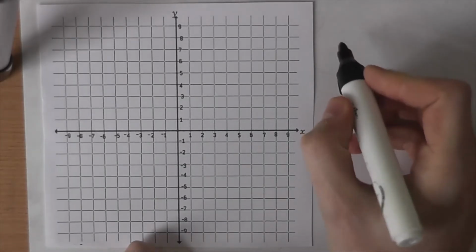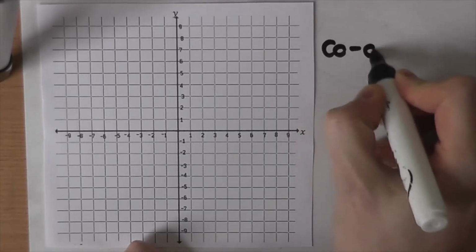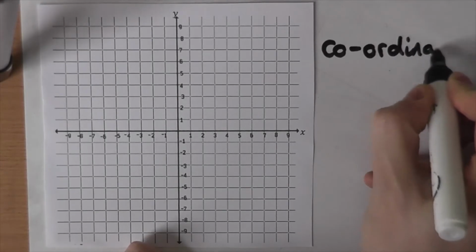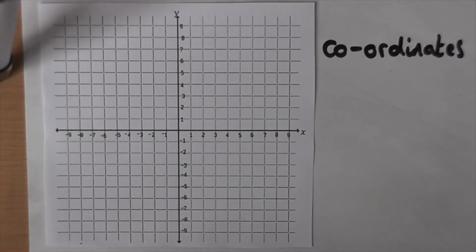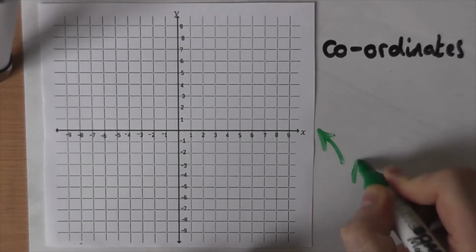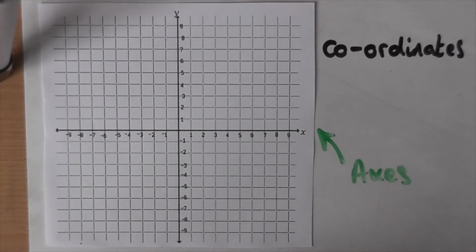What we do is we set up something called coordinates. And coordinates are our way of describing where we are. So that I could point to anywhere on this grid and give you a coordinate to describe my position. The two number lines that cross are called axes.